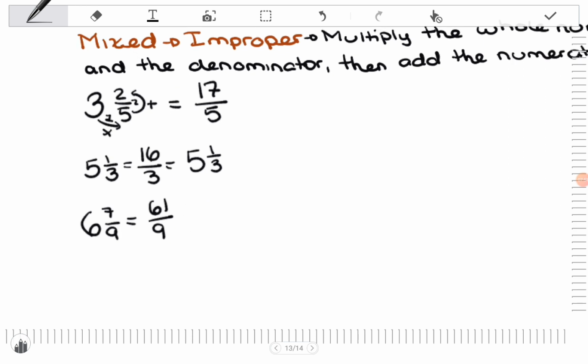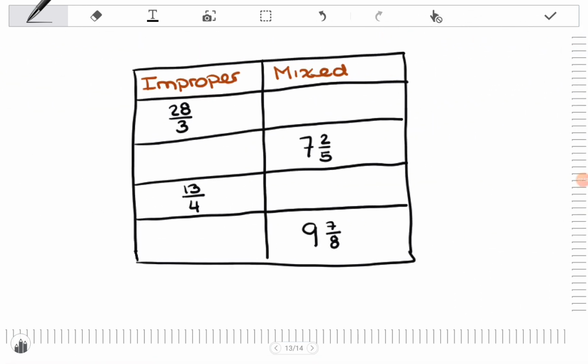Now, let's see, for example, how to solve this table. So, this table, we have from improper to mixed. So, we have 2 improper fractions that we have to change into mixed, and 2 mixed fractions that we have to change into improper. Let's do the 4 exercises. So, let's see. How many times does the 3 fit in the 28?